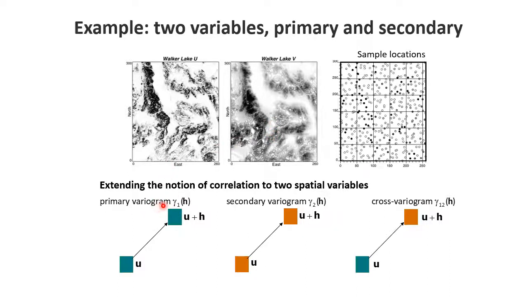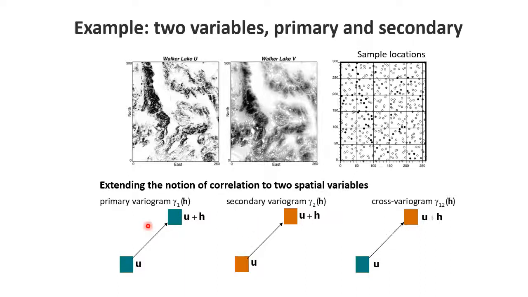Let's say the variogram of the first random function, the variogram of the second random function. And then what we can do is take a cross-variogram that has to do with the correlation between something that's over here and something that's over there. So we're switching around now. Essentially, we need to look at the correlation between something that's primary over here and secondary over there.